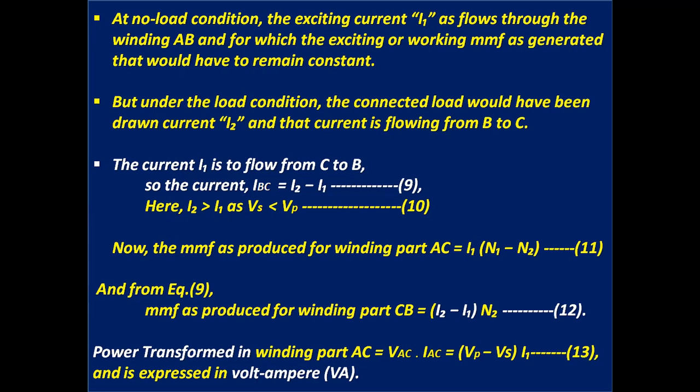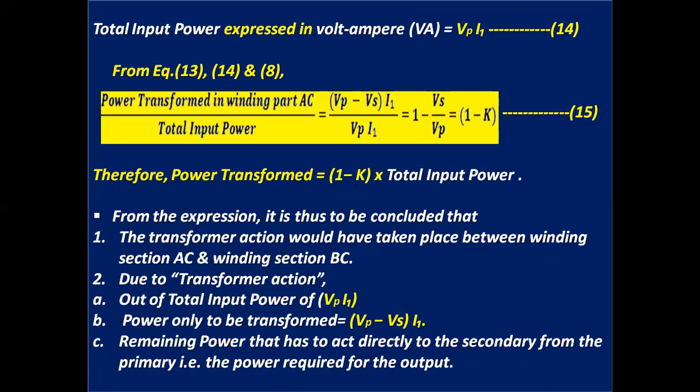Power transformed in winding part AC, that is VAC into IAC, equals Vp minus Vs into I1, and is expressed in volt ampere. Total input power expressed in volt ampere is Vp I1, from equations 13, 14 and 8.